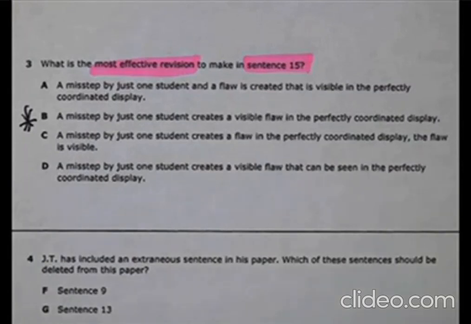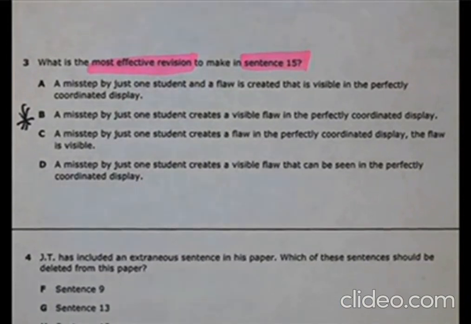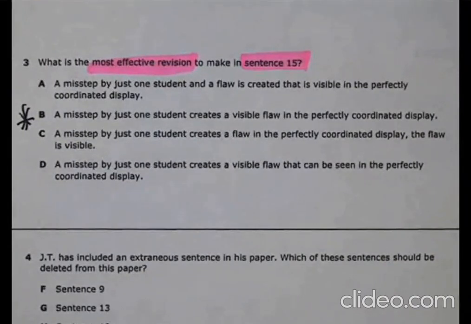So here we go. Letter A says, a misstep by just one student and a flaw is created that is visible in the perfectly coordinated display. Okay, so I noticed that they added a word. It's a small word.